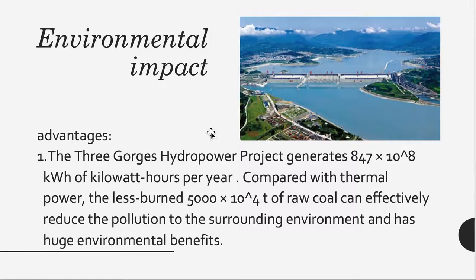And then we will discuss the environmental impact. We have advantages: the Three Gorges hydropower project generates 847 times 10^8 kilowatt hours per year. Compared with thermal power, it avoids burning 5,000 times 10^4 tons of raw coal, which can effectively reduce the pollution of the surrounding environment.